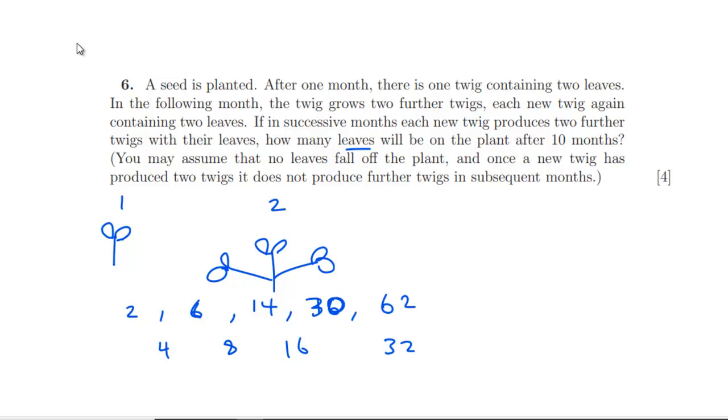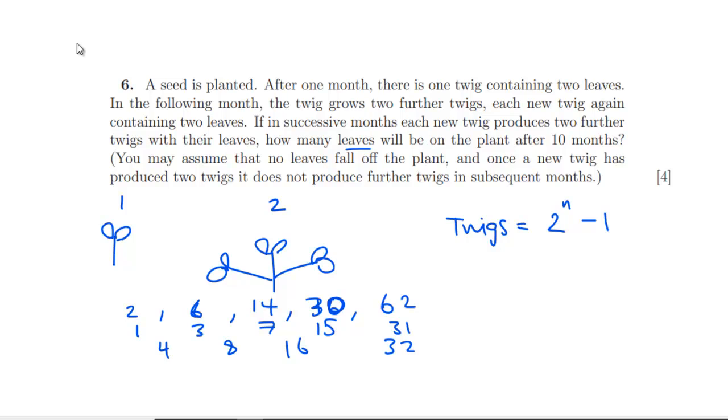For twigs, it's 1 less than a power of 2, isn't it? That's what we're looking at: 1, 3, 7, 15, and then 31. So twigs is going to be equal to 2 to the n minus 1. Is that right?